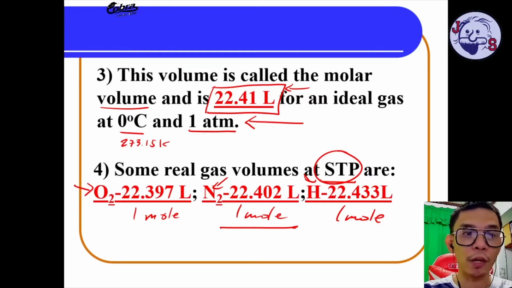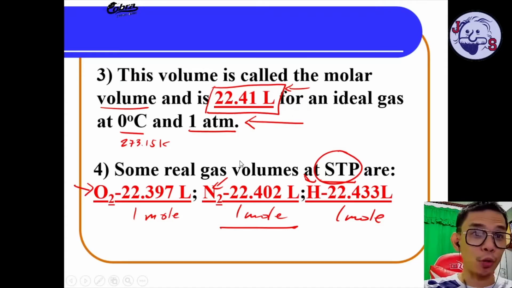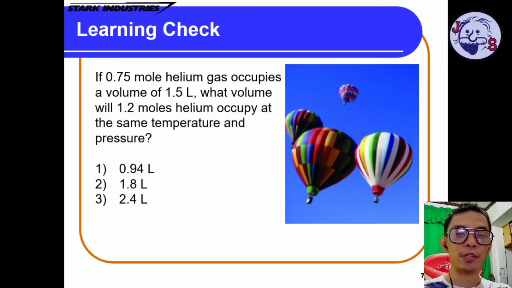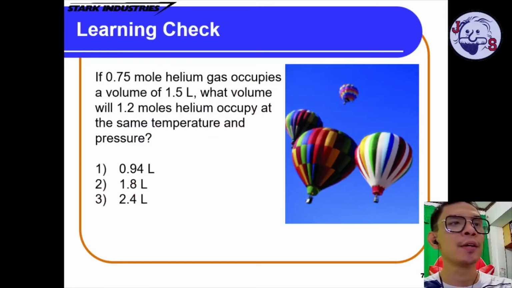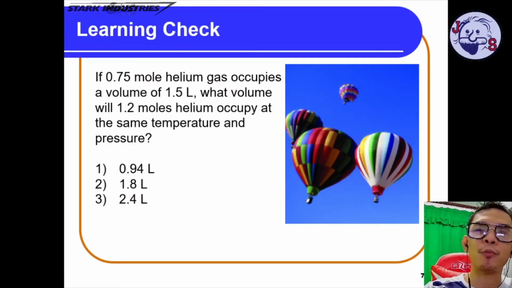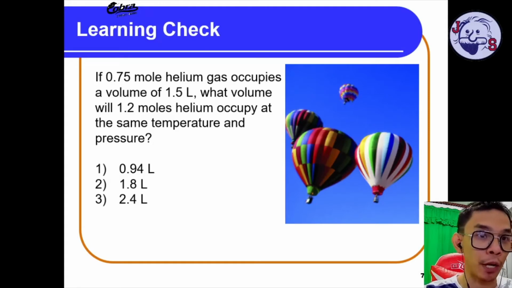So let's take a learning check to see if you understand what Avogadro's law is all about. This is the problem: if 0.75 mole helium gas occupies a volume of 1.5 liters, what volume will 1.2 moles of helium occupy at the same temperature and pressure?